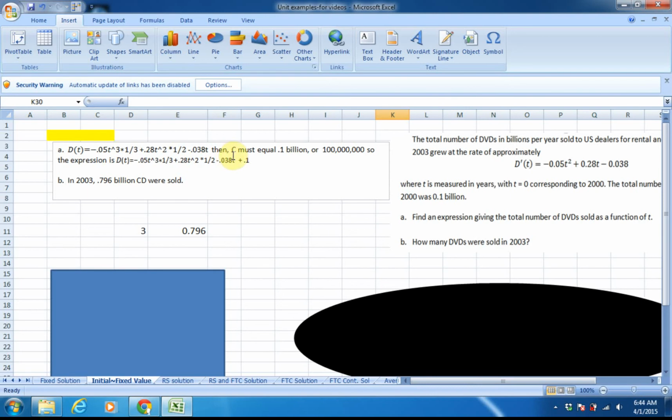For this one, c must equal 0.1 billion, because at 0 we don't have any e's in this, so if all of these t's are 0, then c must be 0.1.